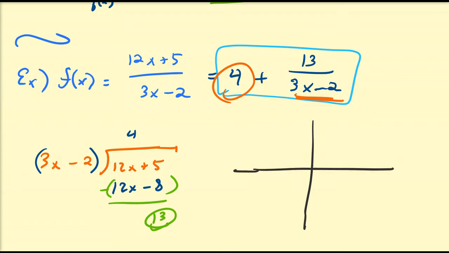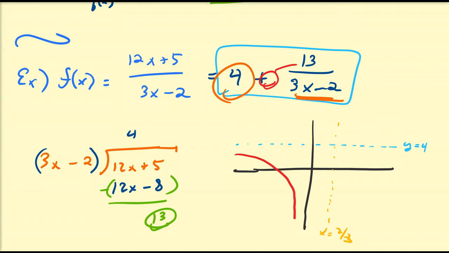Alright, so we're going to have a horizontal asymptote of y is equal to 4, and x is equal to 2/3 is going to be our vertical asymptote. Since our leading coefficient is positive 13, we're going to be in quadrants 1 and 3.